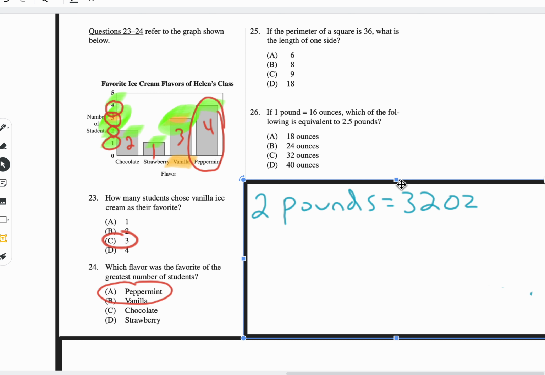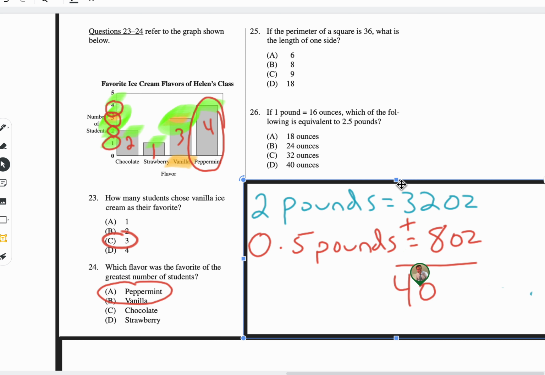And 0.5 pounds would equal 8 ounces. So 2.5 pounds would be 32 plus 8, or 40 ounces. The correct answer is D, 40 ounces.